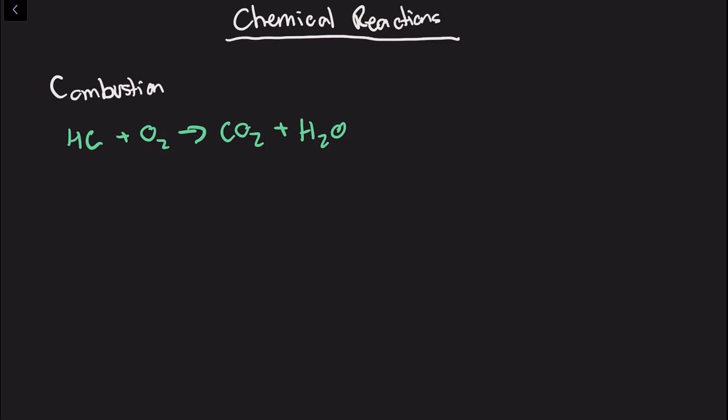Now, it's not strictly just hydrocarbons that are used in combustion reactions. We can also use compounds that have hydrocarbons as a part of them. One example is alcohols. So if we take methanol, which is methane with an alcohol group, or an OH group, attached to it, and we react it with oxygen, we can still use our combustion equation for that. The only difference is, instead of it just being a hydrocarbon made out of hydrogen and carbon, we would have CH3 with our OH, with our alcohol group.